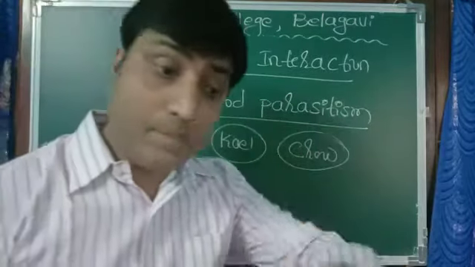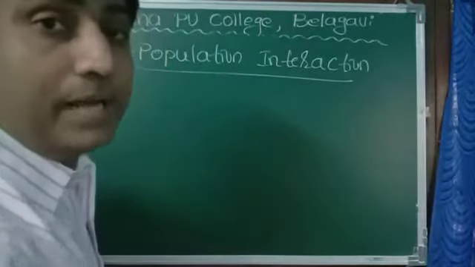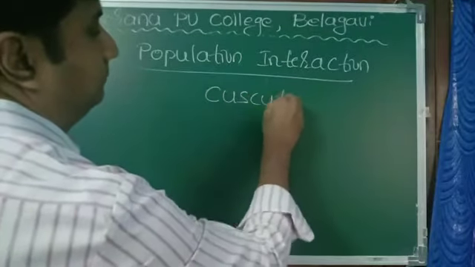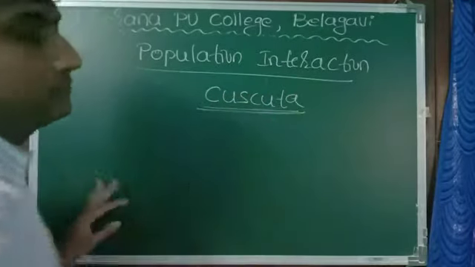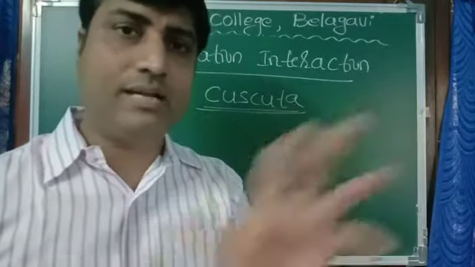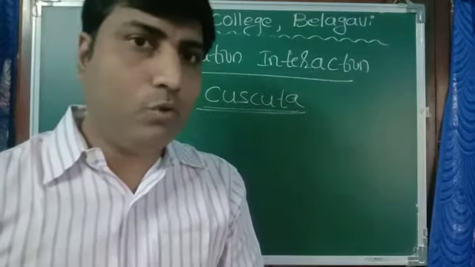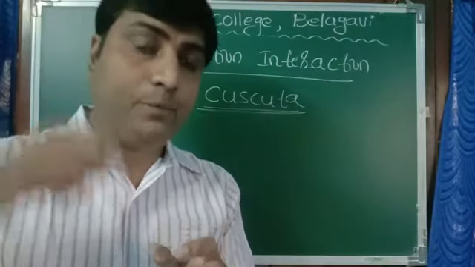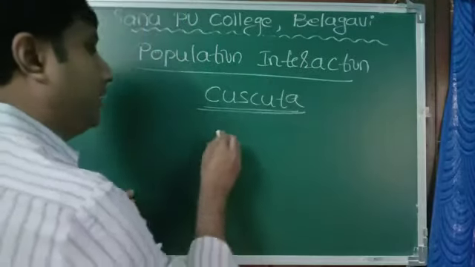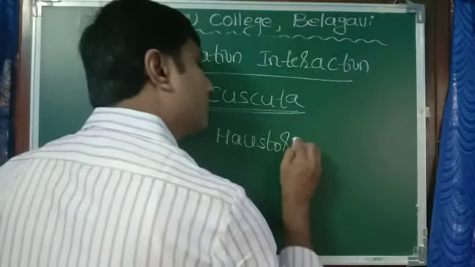We can also see parasitism in plants. There is one plant called cuscuta. This plant doesn't have green leaves. They lack chlorophyll, meaning they cannot prepare their own food. Now what do they do? They produce a special kind of root called haustoria.